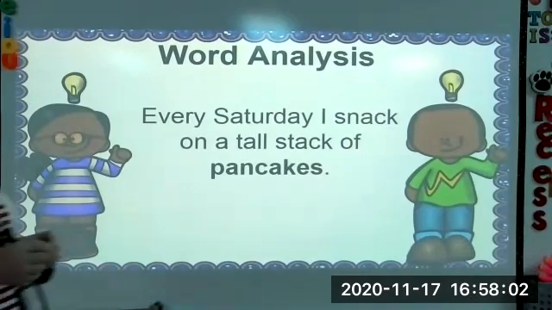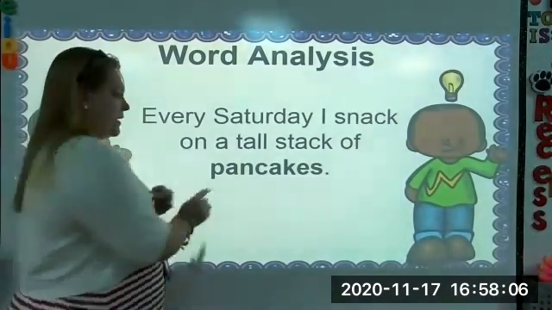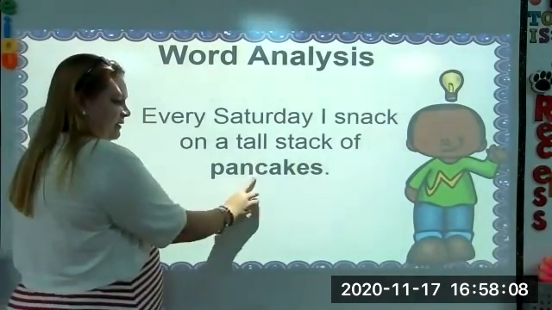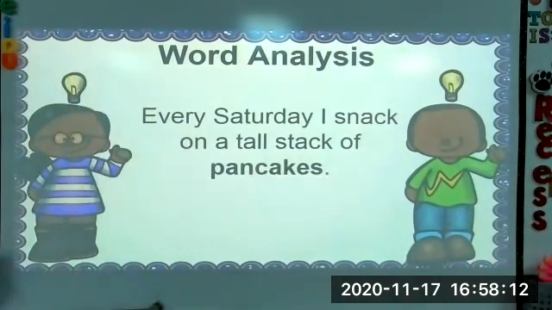And remember, guys, a syllable is a chunk of a word that has a vowel sound in it. So we have pan cakes. So how many syllables do we have? We have 2. Good. And the first syllable is pan. The second syllable is cakes.